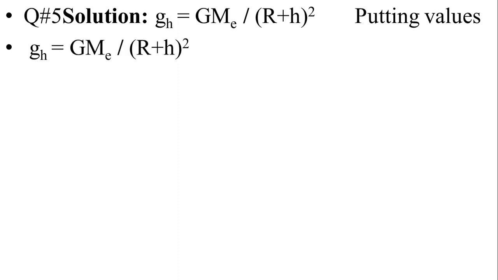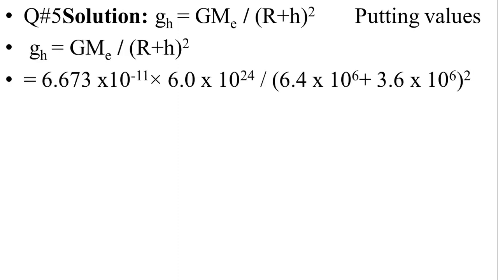Putting the values, the value of G is equal to 6.673 multiplied by 10 raised to power minus 11 multiplied by mass of Earth 6 multiplied by 10 raised to power 24 divided by (6.4 multiplied by 10 raised to power 6 plus h, 3.6 multiplied by 10 raised to power 6) whole square.